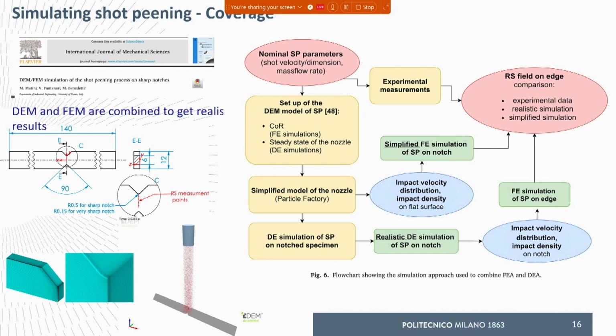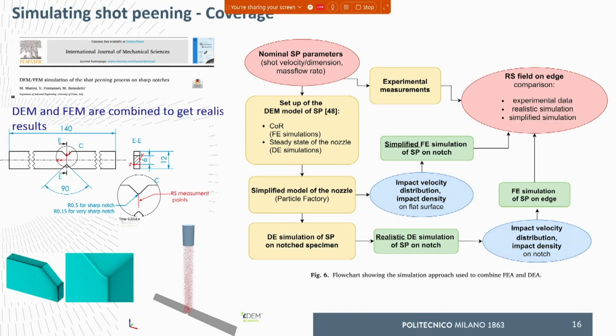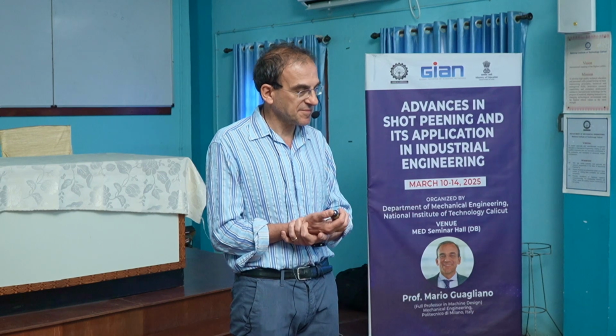So we are talking about pneumatic shot peening. This goes as an input to the finite element simulation, and finally we have the residual stress. And this is done directly on a part, on this part that is, you see, severely notched. And this is also a good example of application of the combination of DEM and FEM.